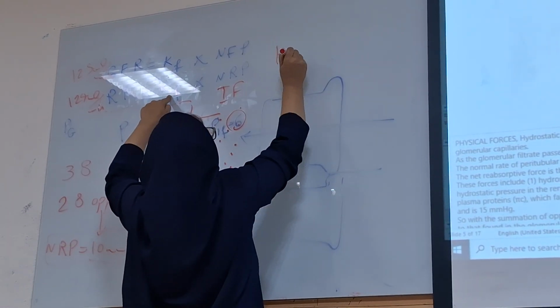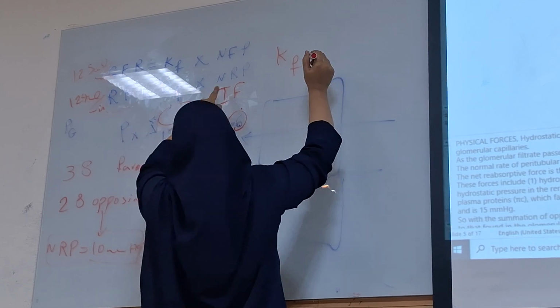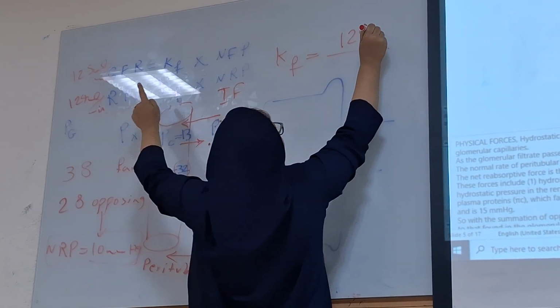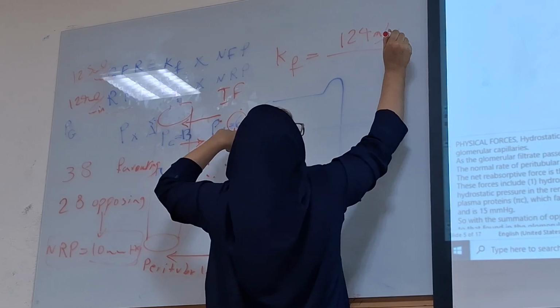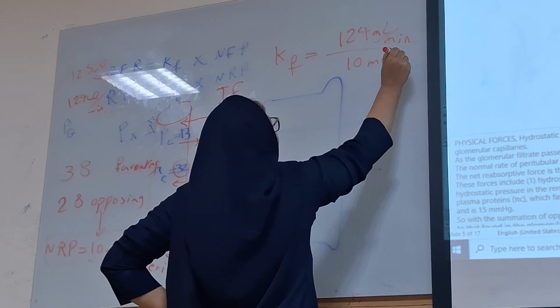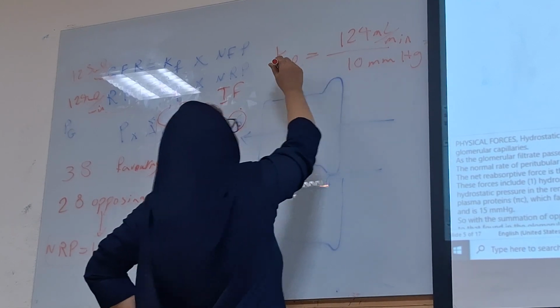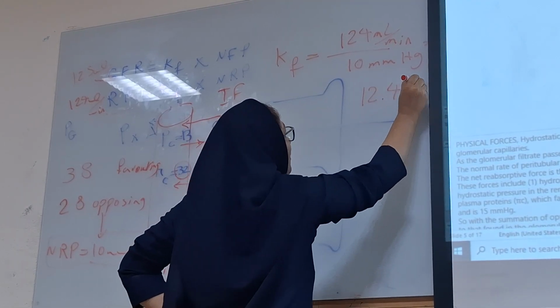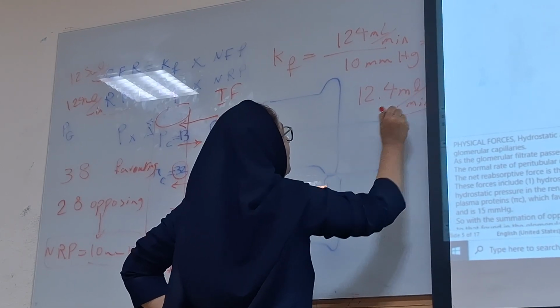KF equals 124 milliliter per minute divided by 10 millimeter of mercury. KF will be 12.4 milliliter per minute per millimeter of mercury.